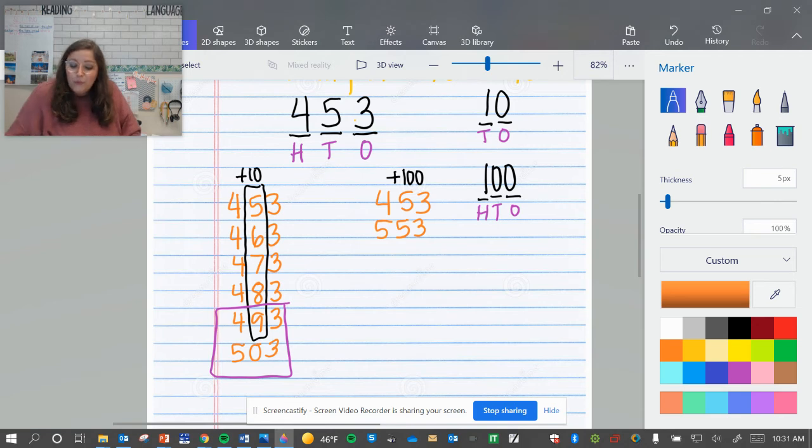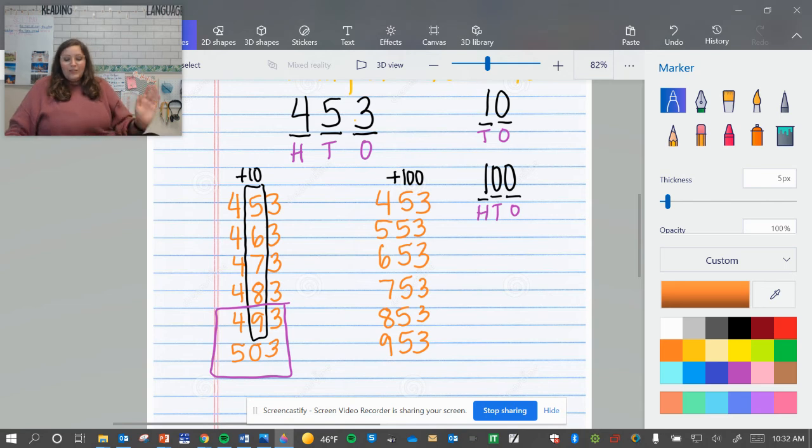Look how nice that is. 453, 553. Now we add another 100. 600s now. My ones and tens stay the same. 653. What's next? 753. What's next? 853. What's next? 953.